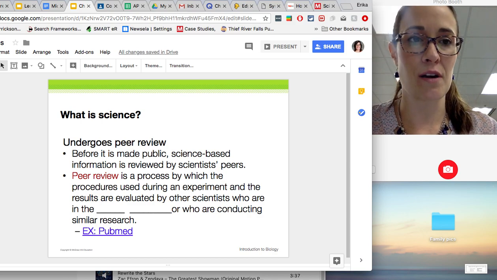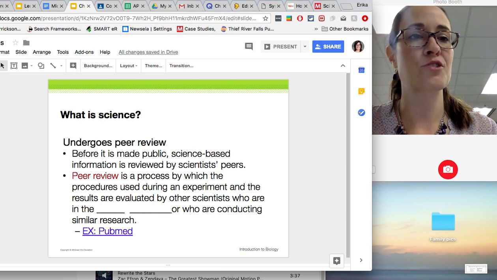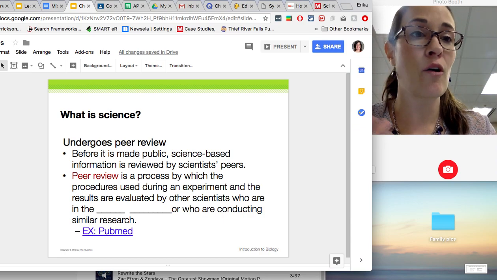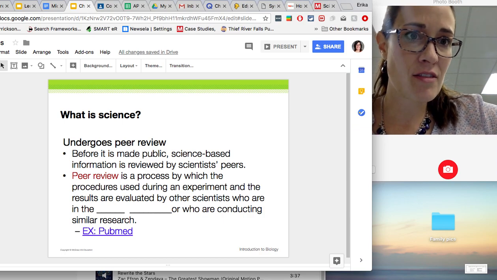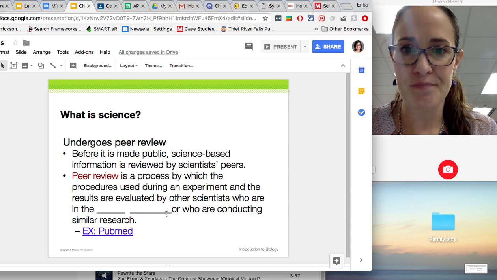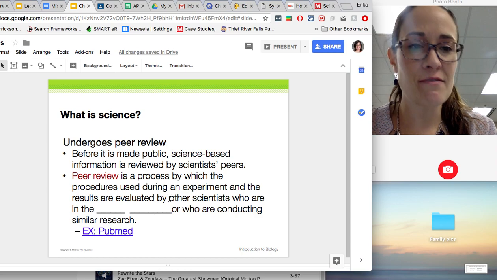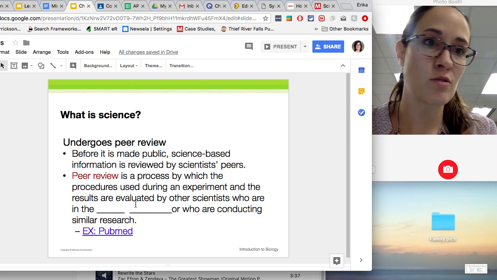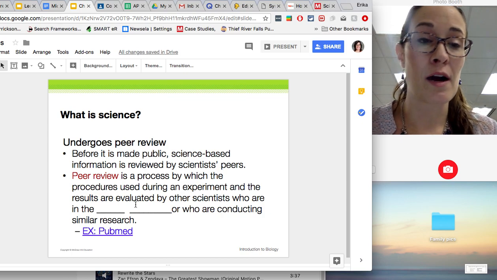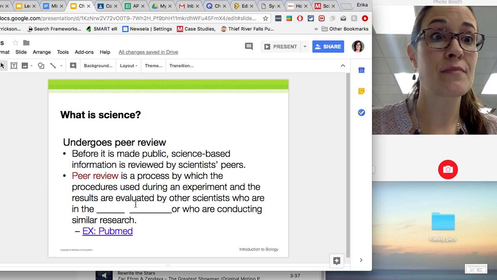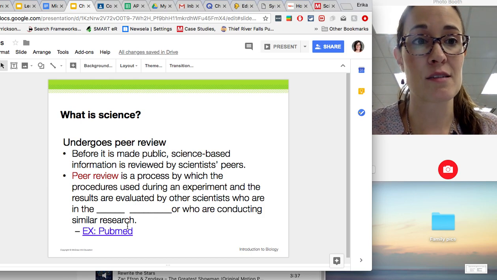They review that work to make sure it's credible, make sure I used the scientific method appropriately, and that I'm not making outlandish claims that aren't true. That process is called peer review, and it's evaluated by other scientists who are in the same field, like a parasitologist or another ecological scientist, okay? They're conducting similar research.